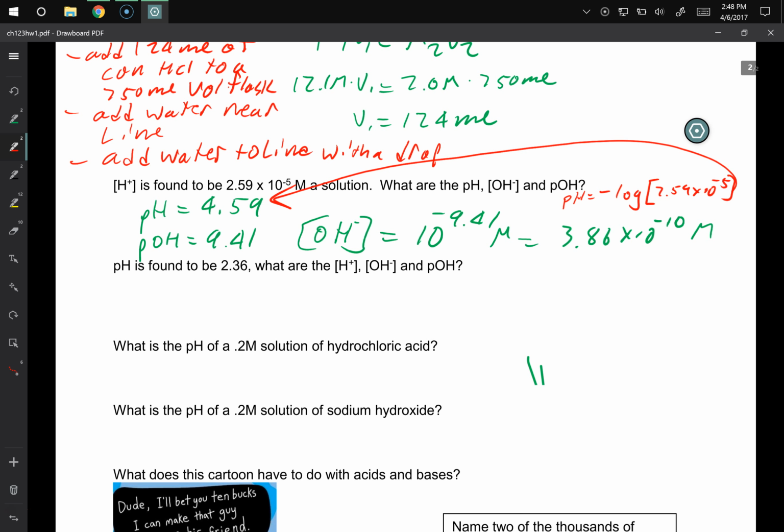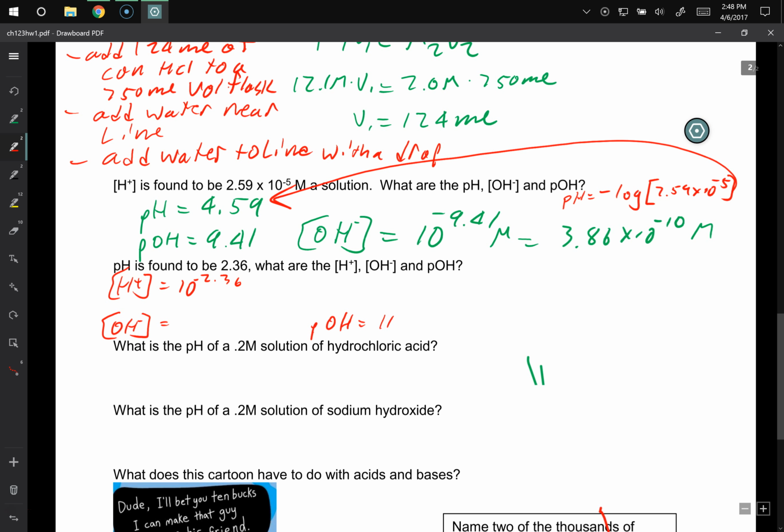So my hydrogen ion concentration is 10 to negative 2.36, and my pOH is 11.64, so the hydroxide ion concentration is 10 to the negative 11.64.